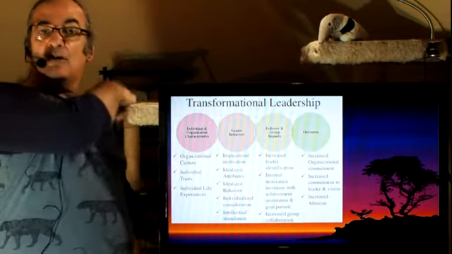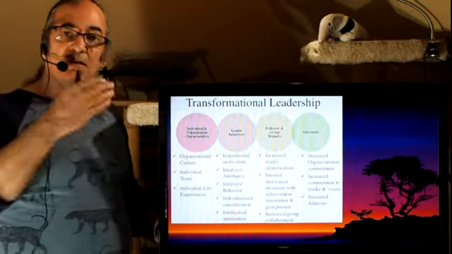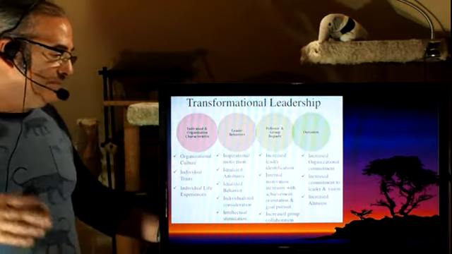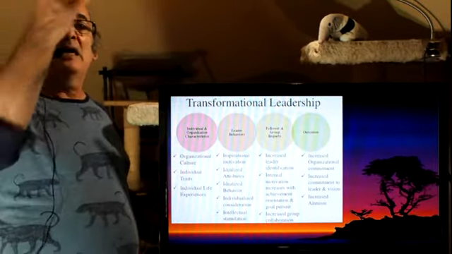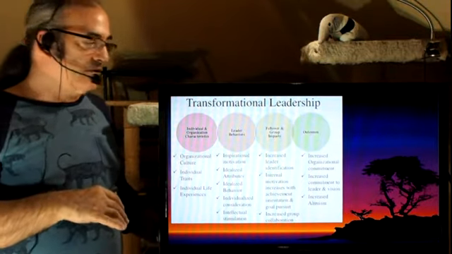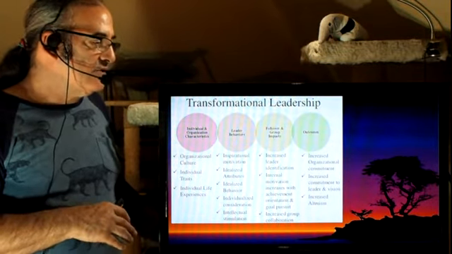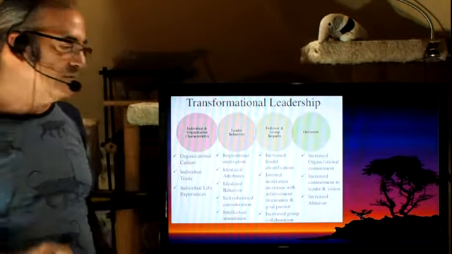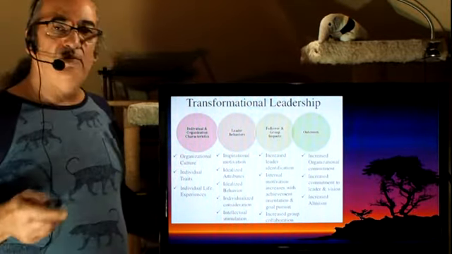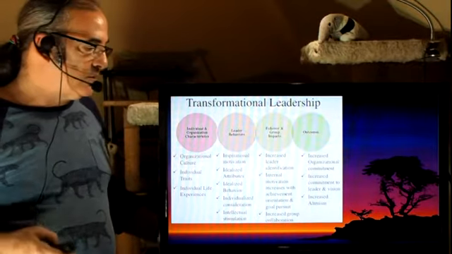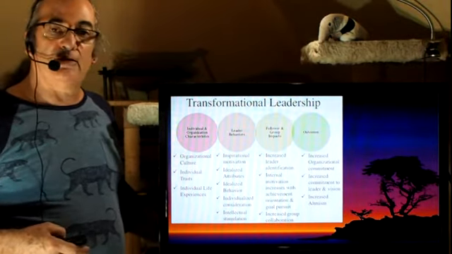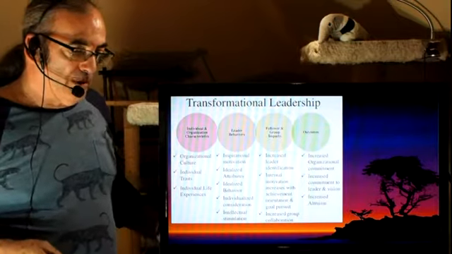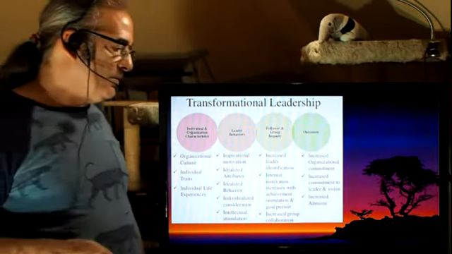Now that, we could go back to the traits section in the first part of this lecture, right? Idealized behavior. Oh my God. Now we can go back to the second section and look at idealized behavior. So you get the idea that transformational leadership is pulling from all these different perspectives, if you will. Individual consideration, person-focused, right? Intellectual stimulation. And that's an important component for many, that they're excited about what they do.